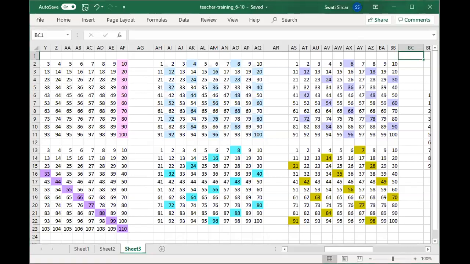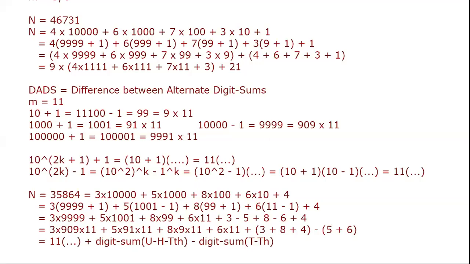Now one thing which is important is that there is a difference between how the grids behave when you have 2, 5, 10.